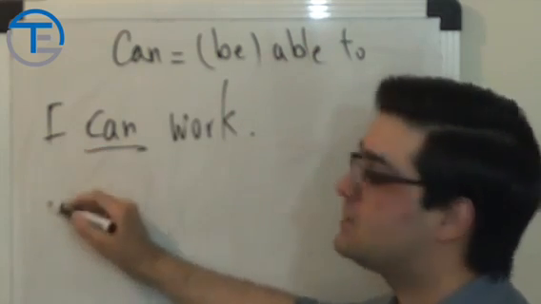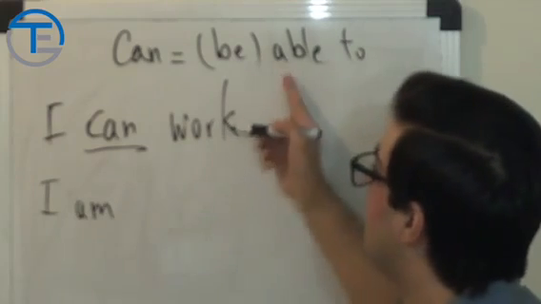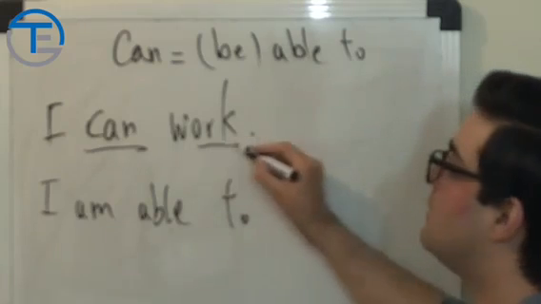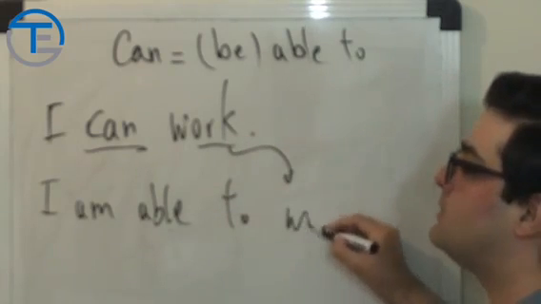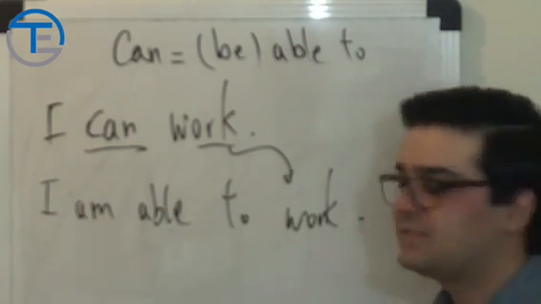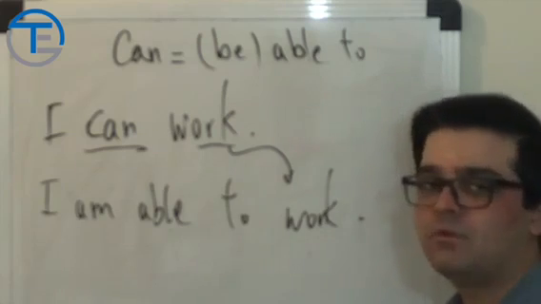So the subject is I, you have to say I am able to, now here, able to work. Okay, it's same with can. I am able to work.